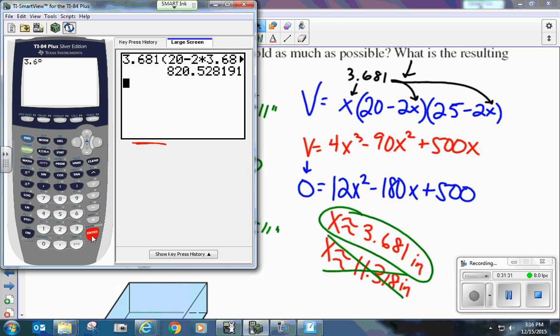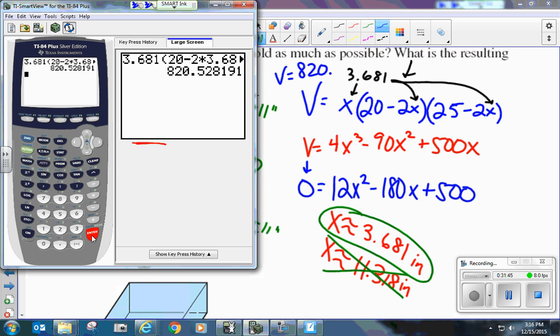That'll be 820.528 inches cubed. So my volume is going to be 820.528 inches cubed. And that's the volume of our rectangular prism.